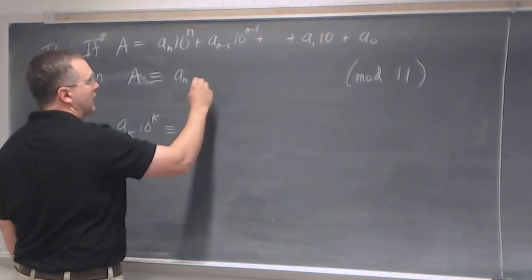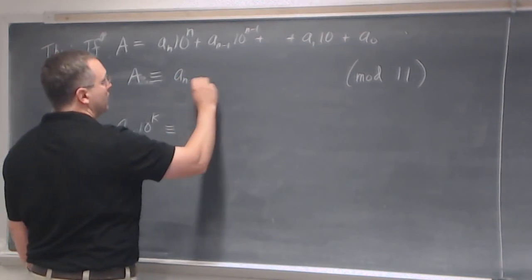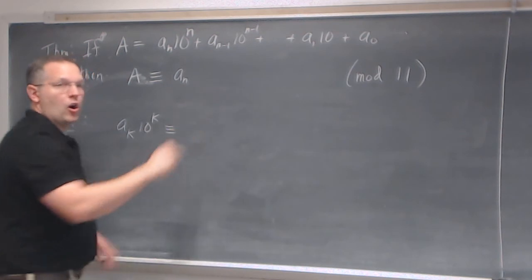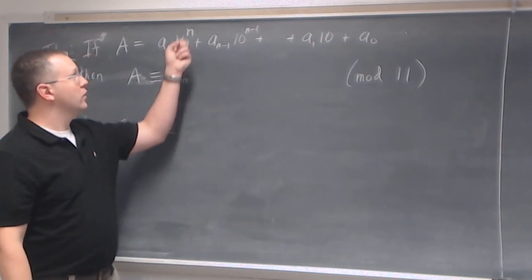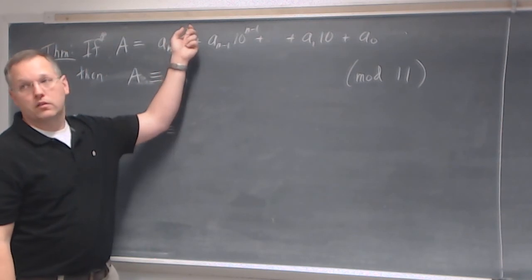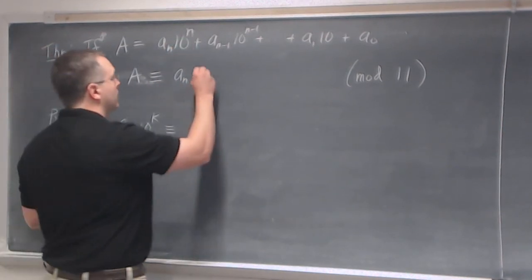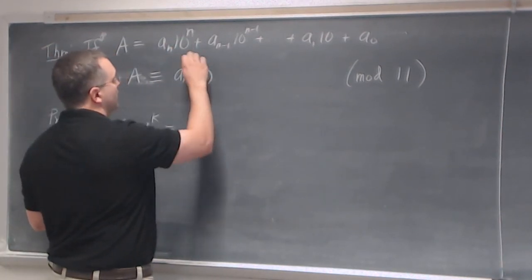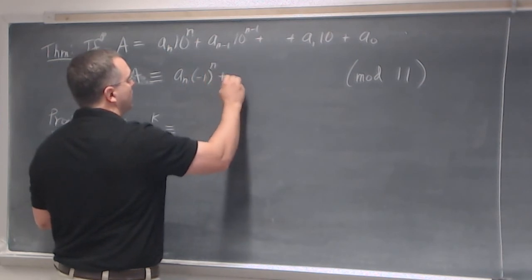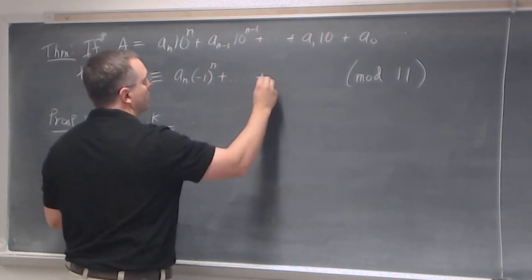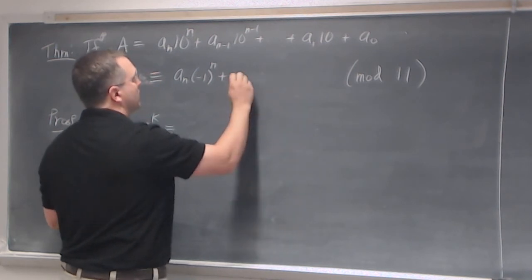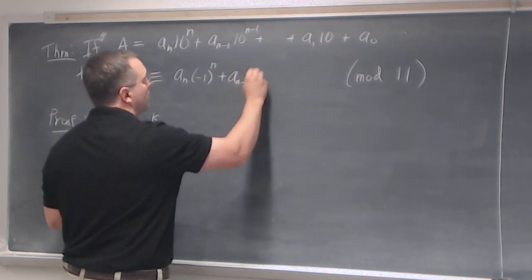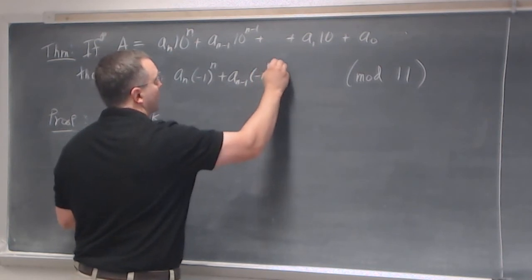So what's going to happen is instead of adding up all the digits, they're going to alternate plus and minus, depending on whether you get negative 1 to an even power or negative 1 to an odd power. So you get a_n times negative 1 to the n, plus down to a_{n-1} times negative 1 to the n minus 1.